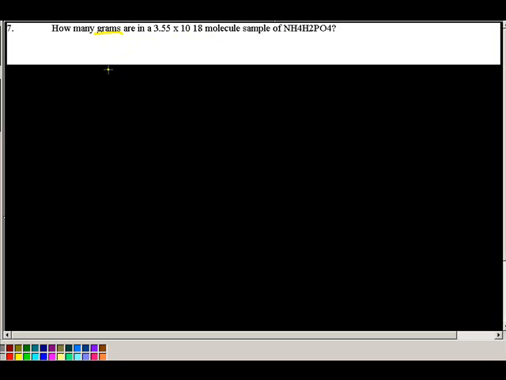So I have a certain number of items, which is 3.55 times 10 to the 18th. I can convert the number of items to moles. Once I know how many moles I've got, I can go for grams. So once again, this is a two-step problem.